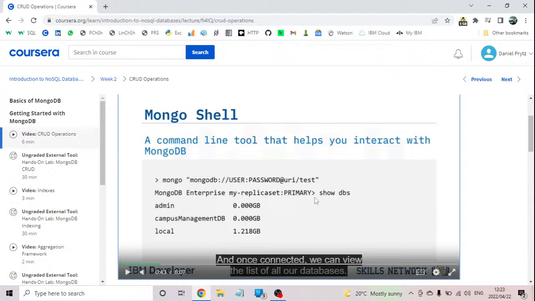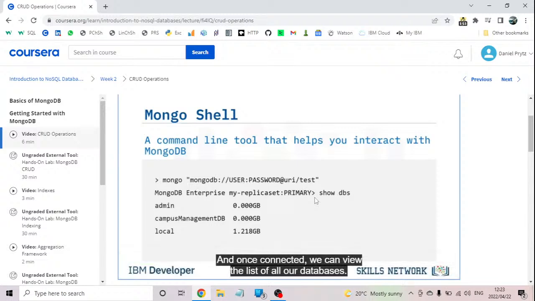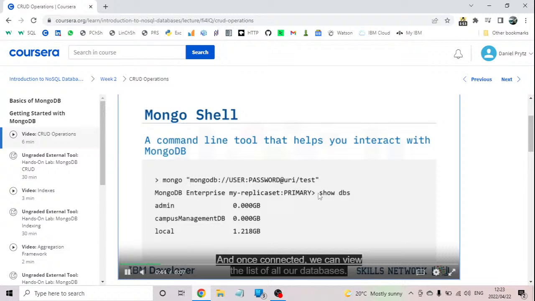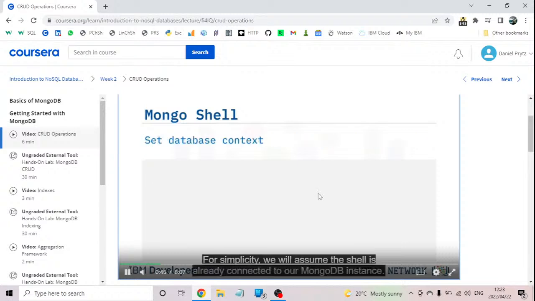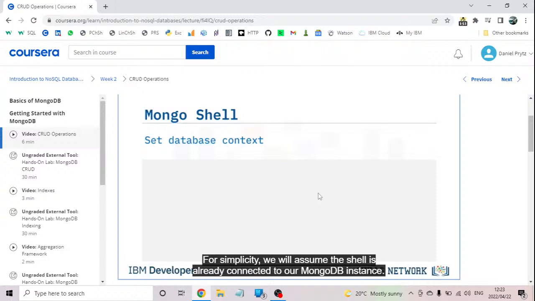We can view the list of our documents. I actually don't know what they mean by write this down. Okay, let's keep going. For simplicity, we'll assume it's already connected to our MongoDB instance.